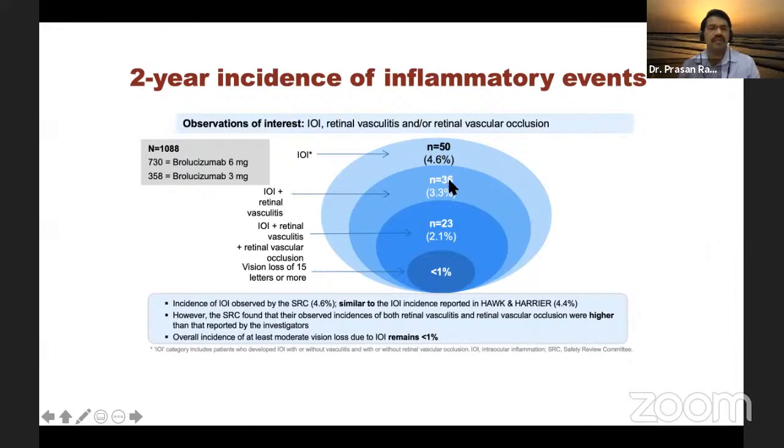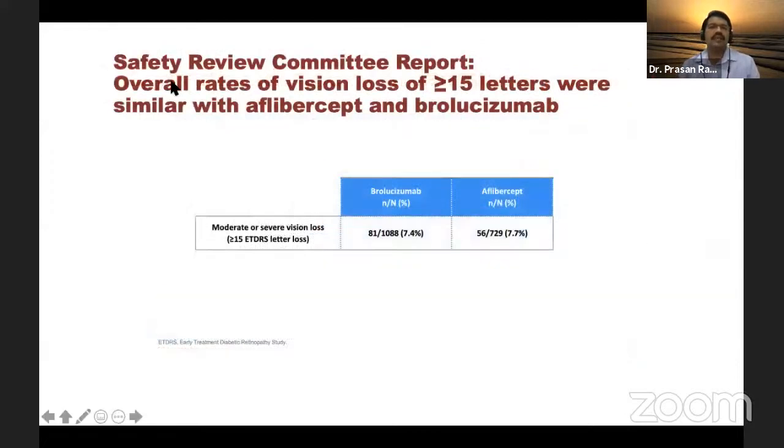Intraocular inflammation plus retinal vasculitis was in about 3% of the patients, intraocular inflammation with vasculitis and occlusion in 2% of the patients, and less than 1% of these patients lost vision. But more importantly, the safety review committee reported that the overall rate of visual loss between the two drugs, aflibercept and brolucizumab, was almost similar.